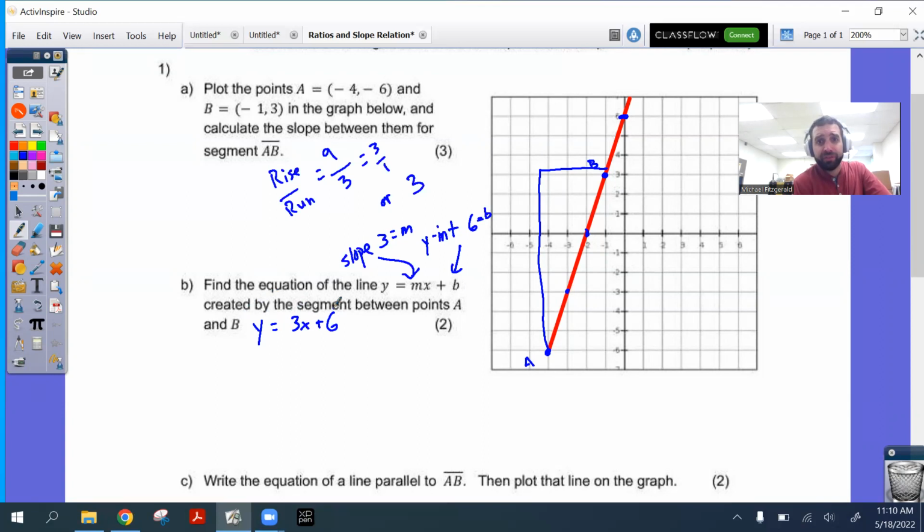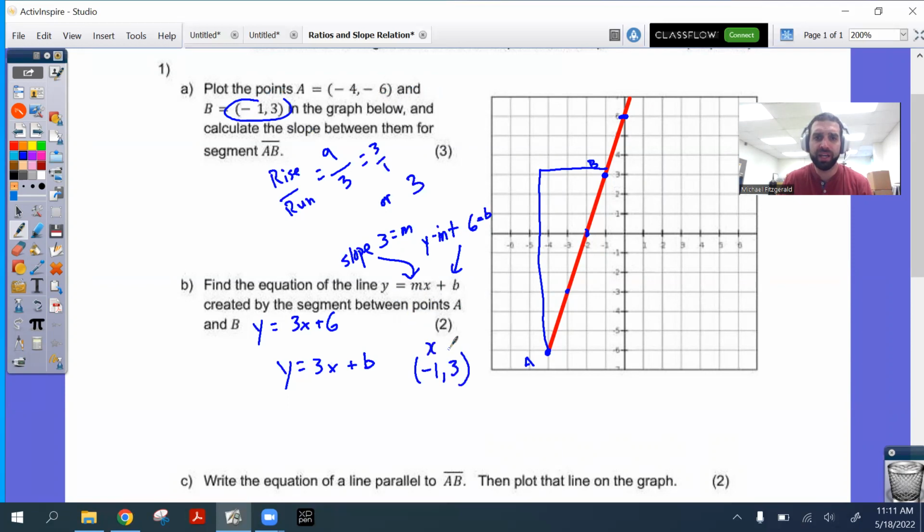There's another way to find this if we didn't have the graph. If we had the slope, y is equal to 3x, but we didn't know the intercept, we would write an equation like this, where since b is unknown, b is not a variable, but it's a constant, but it's an unknown. So we're going to write this equation like this. We have 2 points on this line. That's effectively 2 solutions to this equation, 2 xy solutions. So what I'm going to do is say, in this case, -1, 3.